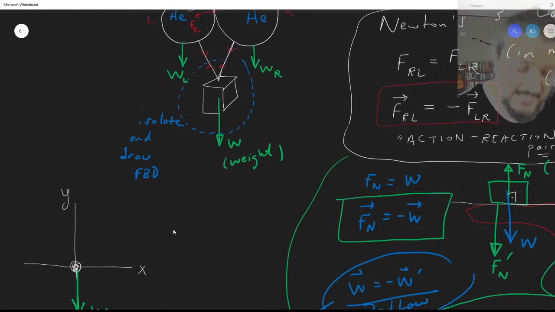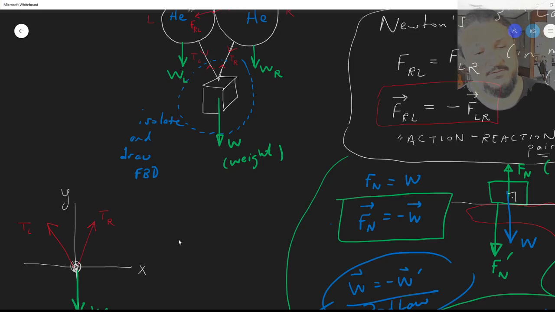So I will have here the tension in the string on the right, call it TR, and there's also a TL, remember? So TL and TR. All right, now it looks complete.